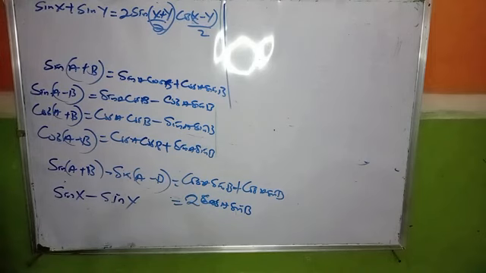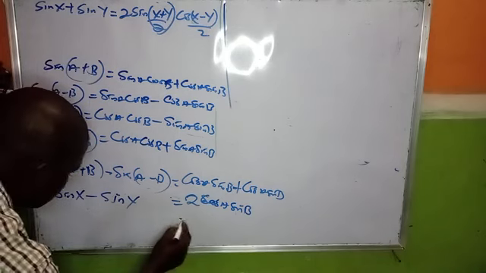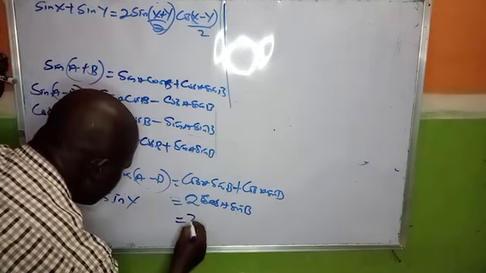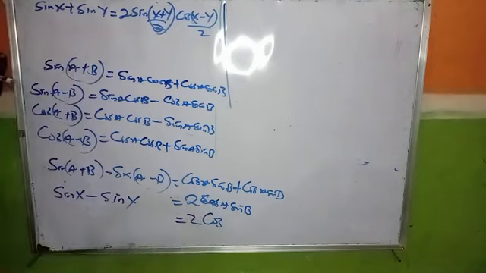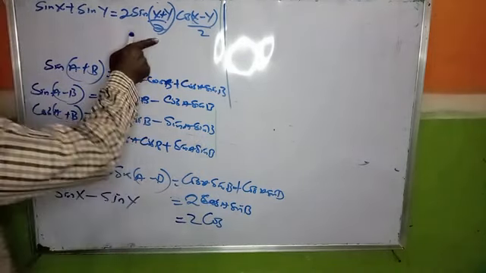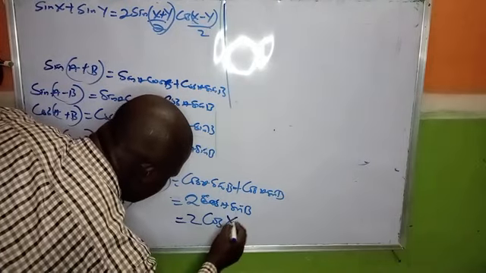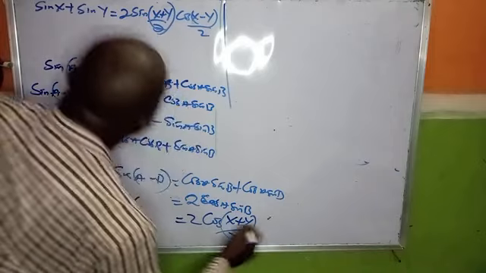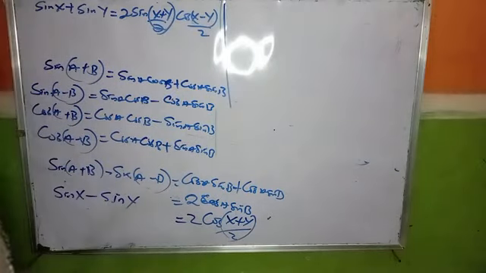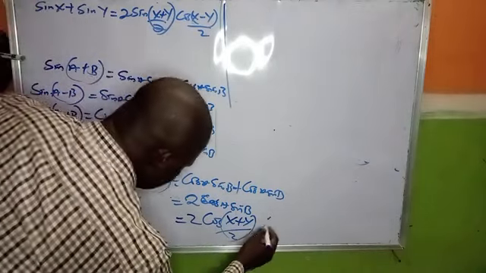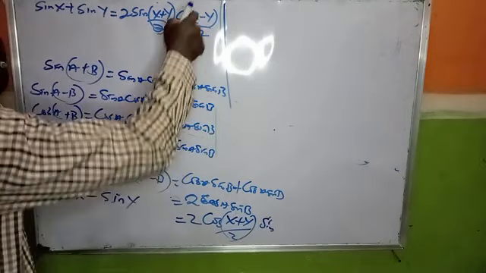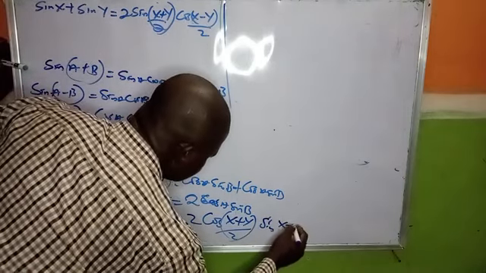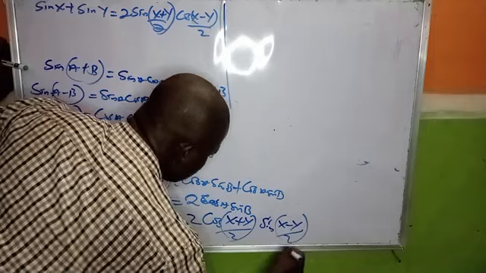And then this one will become what? 2 cos a. What is a? As you have it, this is a. So a will be x plus y over 2. Then sine b. This is b: x minus y over 2.